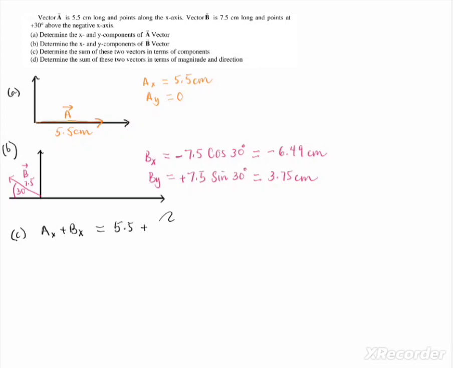So going back here, we have negative 6.49, which adds to negative 0.99 centimeters.